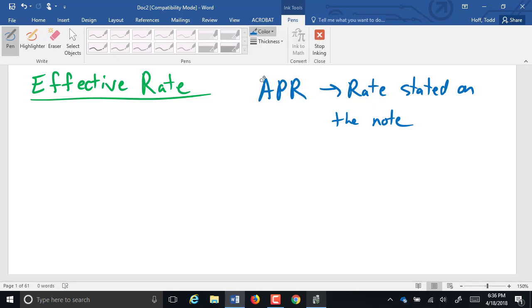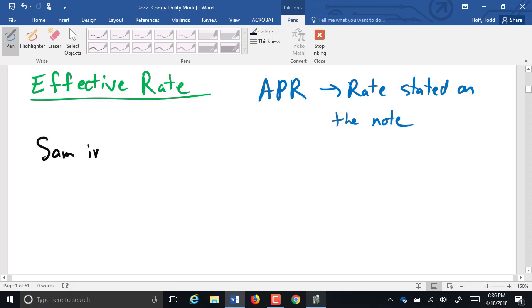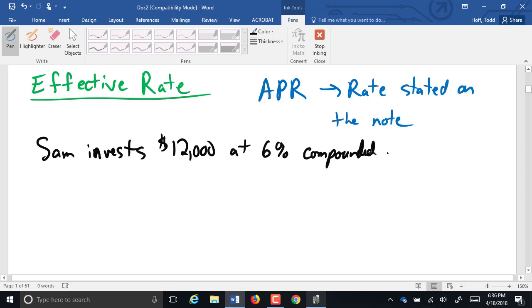So if I tell you that Sam invests $12,000 at 6% compounded monthly, the 6% is the APR, that's the annual percentage rate.